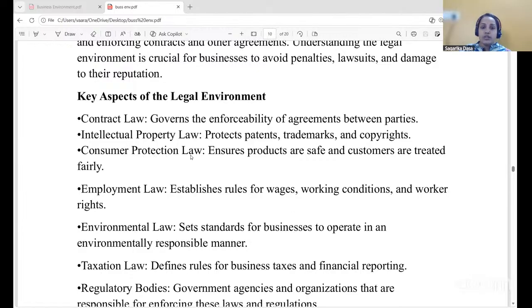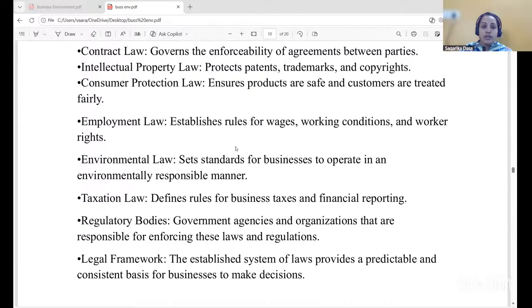Consumer protection laws, to ensure products are safe and customers are treated fairly. Employment law, that is workers' conditions, wages, and worker rights. Environmental law sets standards for businesses to operate in an environmentally responsible, that is sustainable, manner. Taxation law, the rules a business has to follow for business tax and financial reporting.